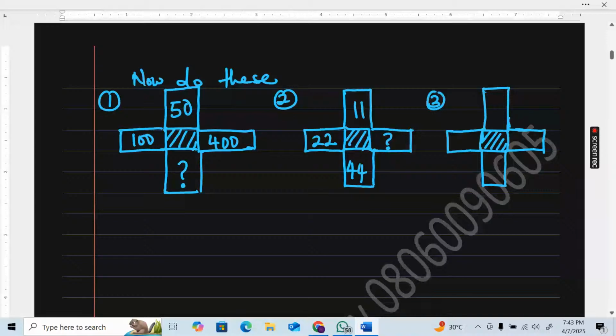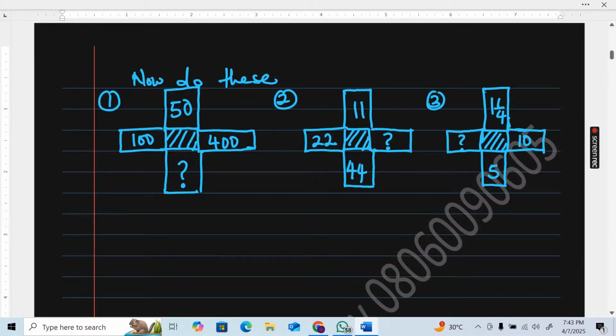Now, let's look at number 3. I have 1/4 above. Then I have nothing on the left. It means the number on the left is missing. I have 10 on the right side, and I have 5 below.